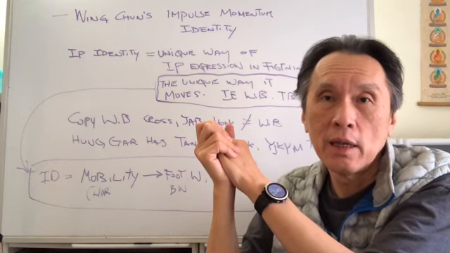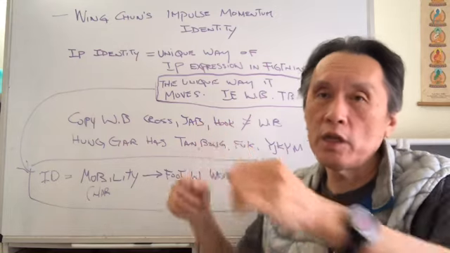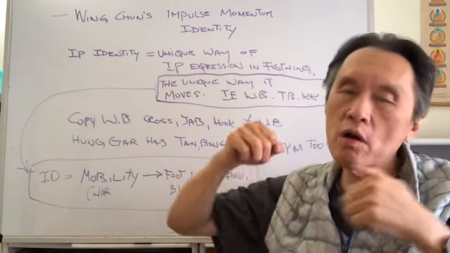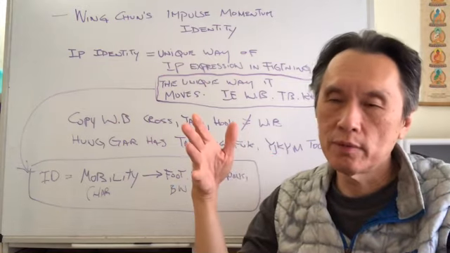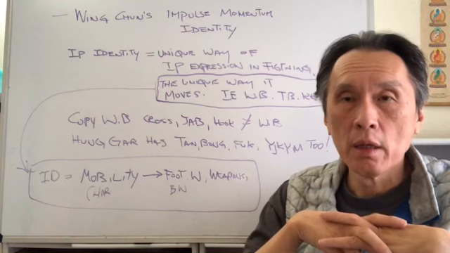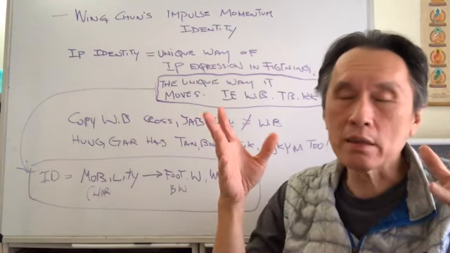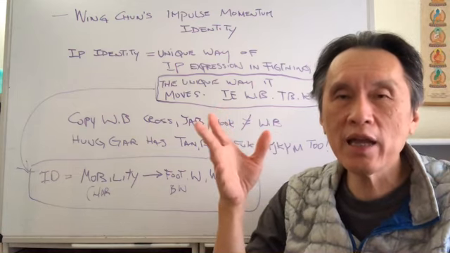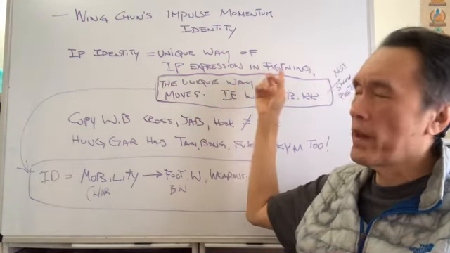Okay? It can be Western boxing, jab, or hook, or cross, or long fist fighting. So that is not having any impulse momentum identity.